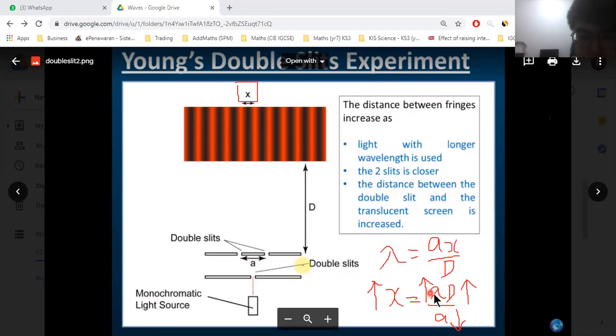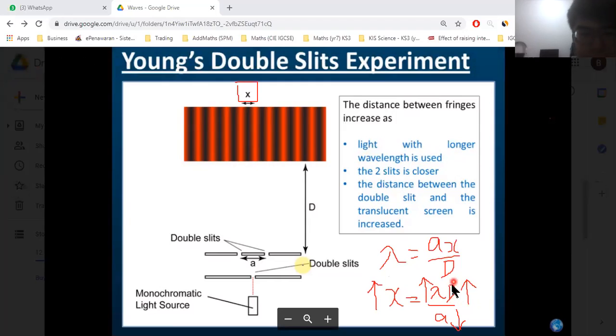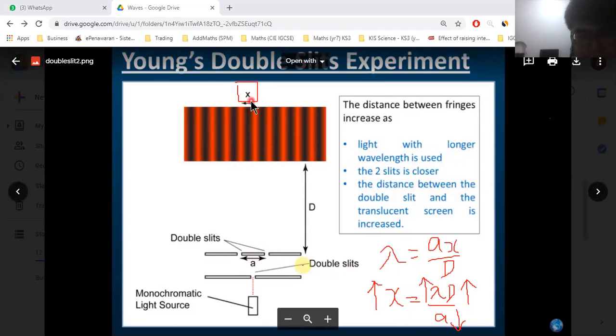So I can use a longer wavelength, or increase the screen distance d, or decrease the distance between the double slits a. Then I can increase x.